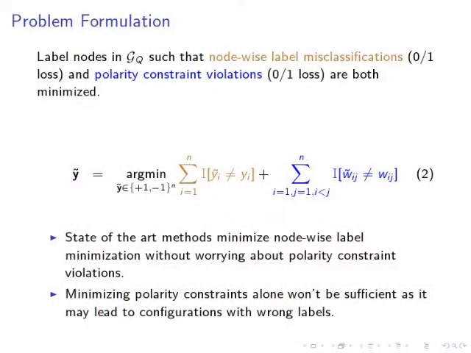So look at the second term, which is polarity constraint violation, where Wij is computed, if you remember it clearly, from Yi and Yj, right? And the true Yi, Yj are not available to us because I don't know the labels to begin with. So I need to use something to substitute for Wij.